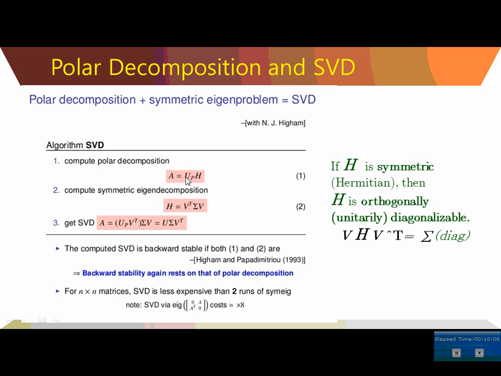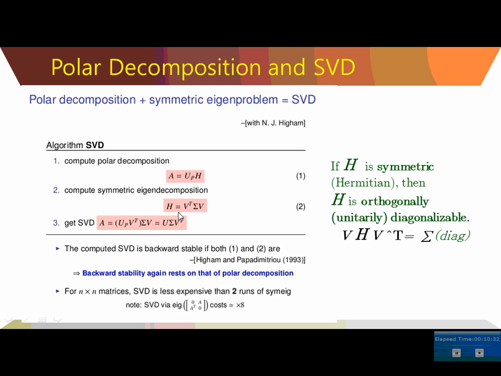A is equal to UH. If H is a symmetric matrix, then it can be diagonalized like this. If you multiply by V and V transpose on both sides, then you have H, which is V transpose sigma V.